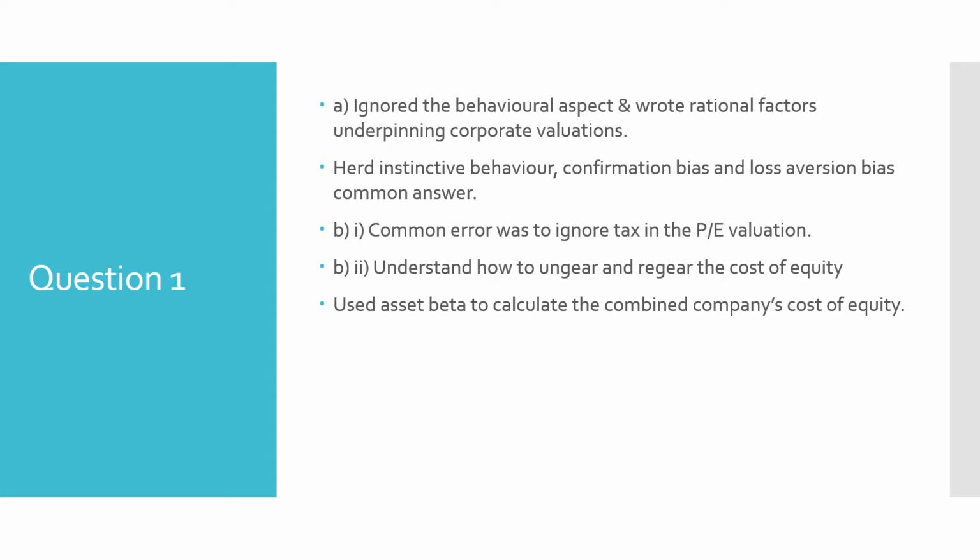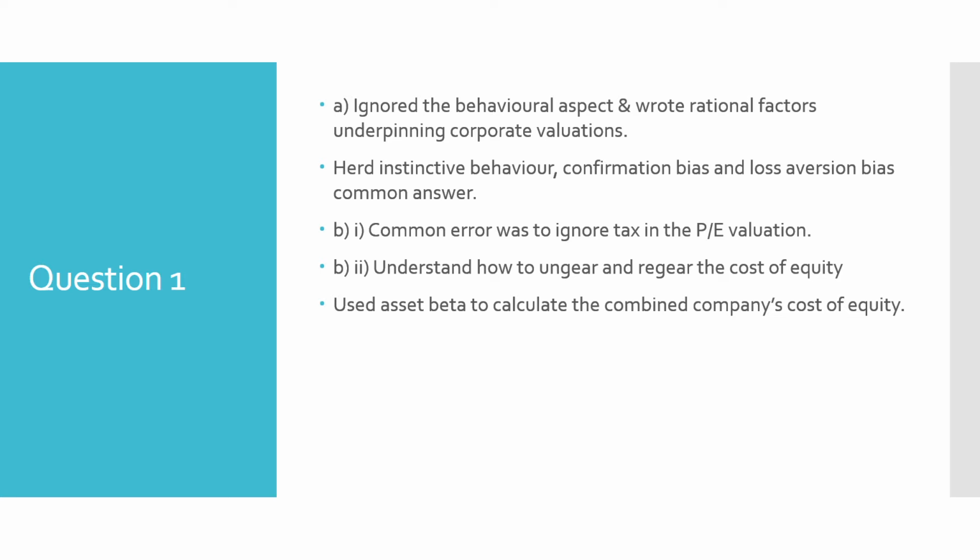First you have to calculate asset beta, then use that asset beta to find the equity beta. So don't get confused between asset beta and equity beta. Know the difference very clearly, what to use where.